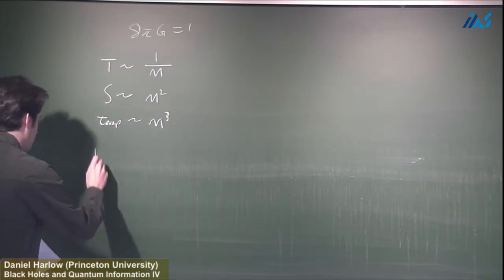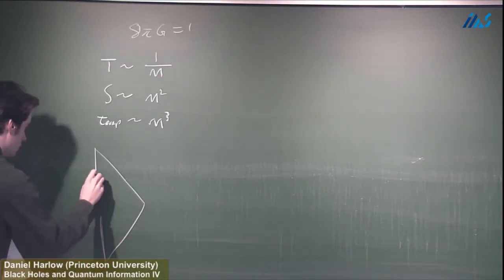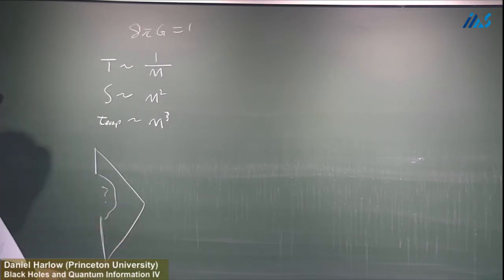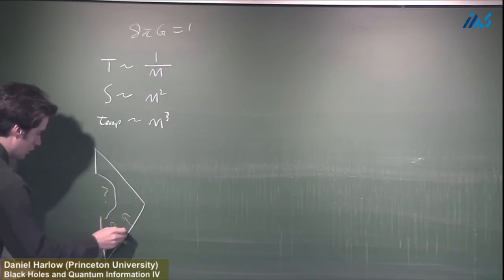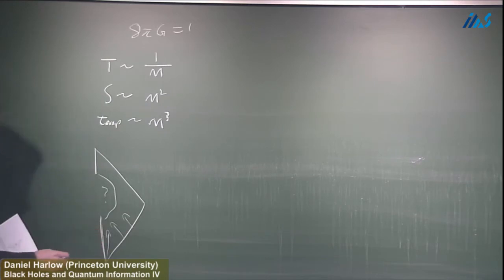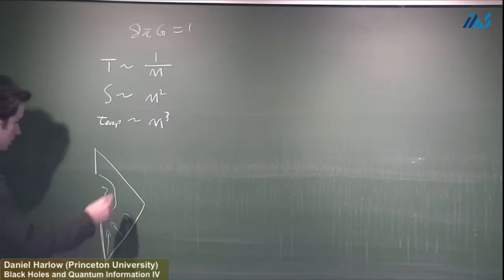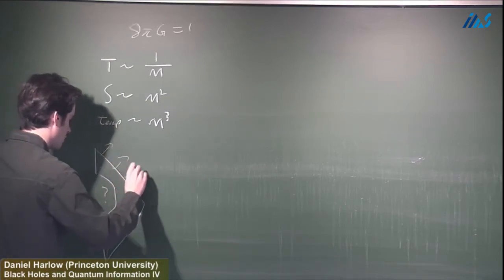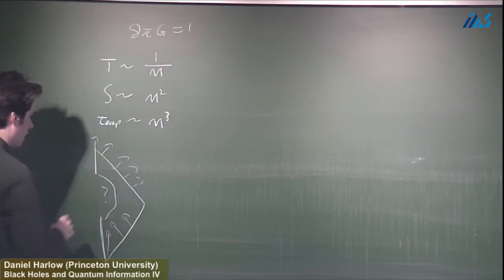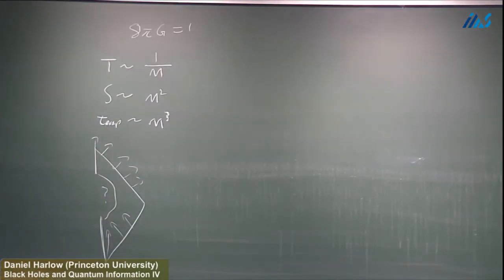And so, we had some picture where there's some sort of mystery going on in here, and then we had particles labeled in the way we usually like to label particles going in, and then we had some other particles going out, and then we were computing transition amplitudes between them.